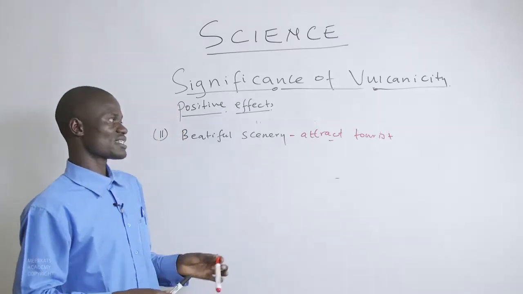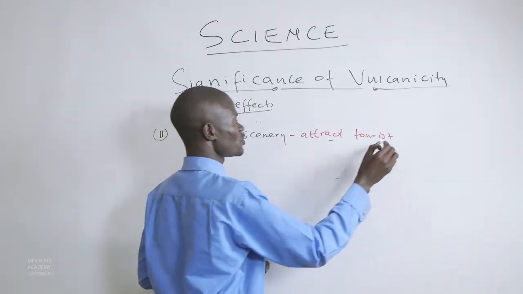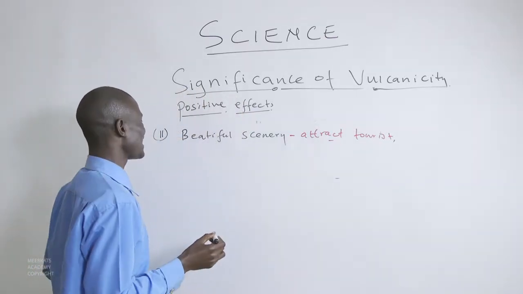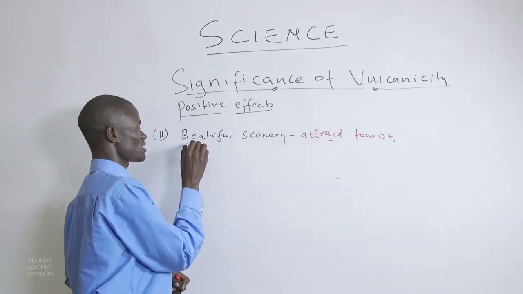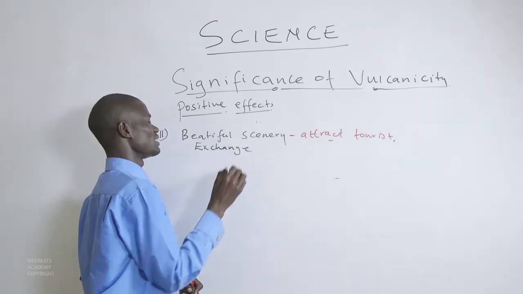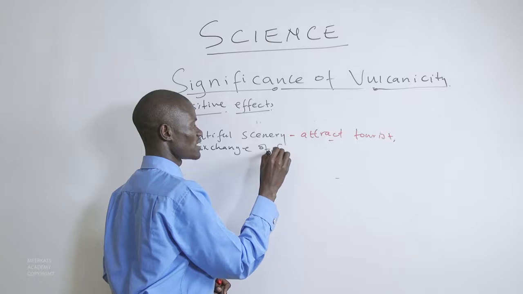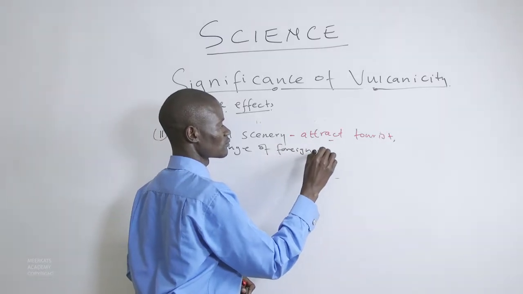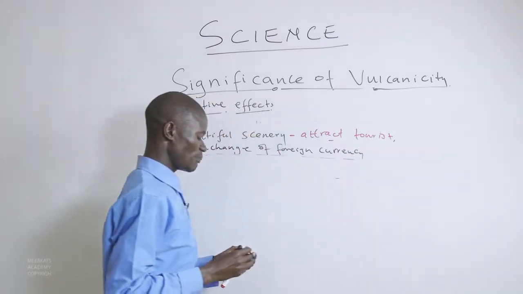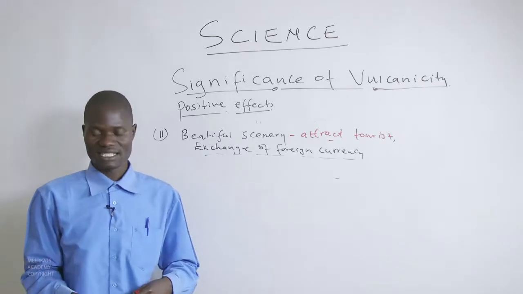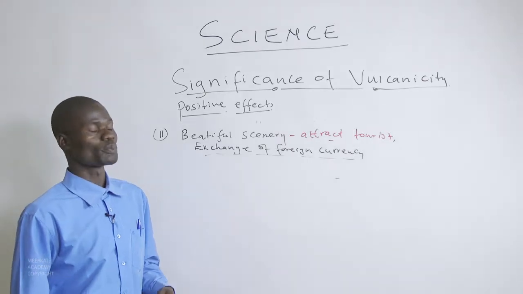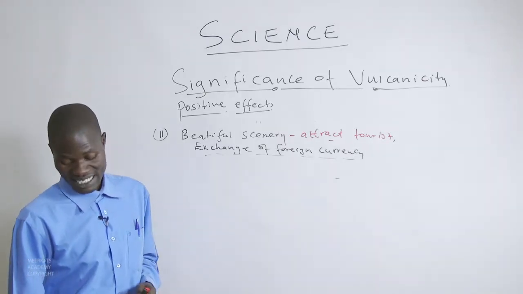They attract tourists who come to particular regions of the land or particular regions of the country. And then in turn there is some payment in terms of fees, which is an exchange of foreign currency. Foreign currency will help a particular country to promote its economic status.